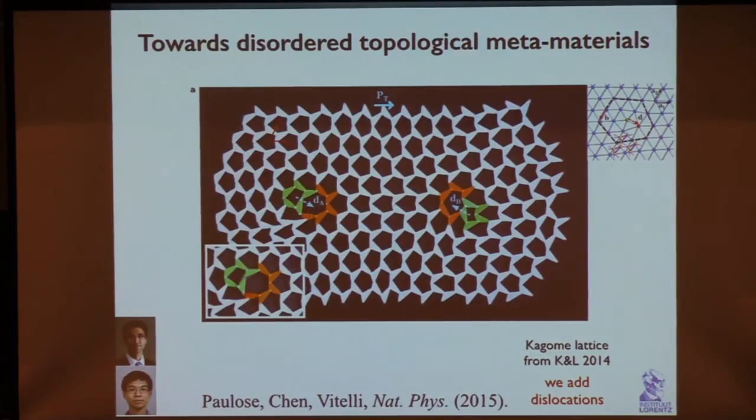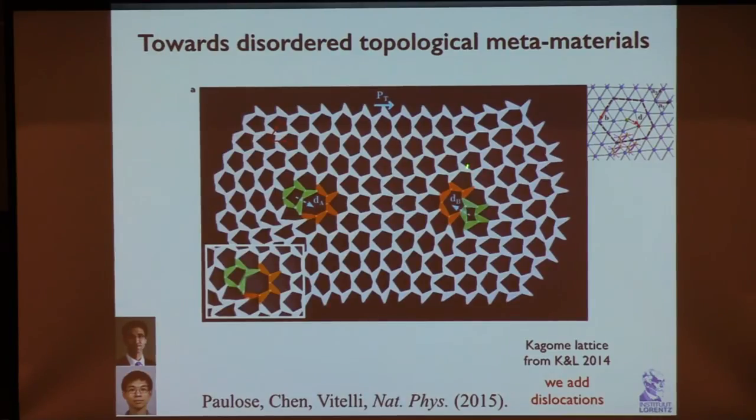Okay? Now, what you're looking at here is again a Kagome lattice, which is a lattice which is everywhere 4-fold coordinated, which is the magic number to ensure that the number of constraints and the number of degrees of freedom are exactly balanced.